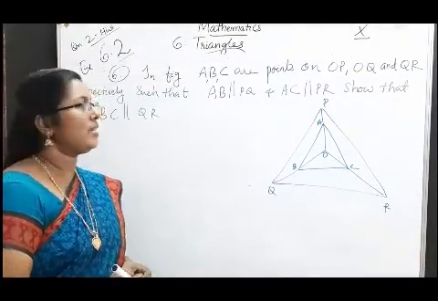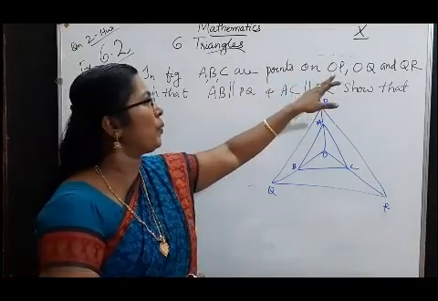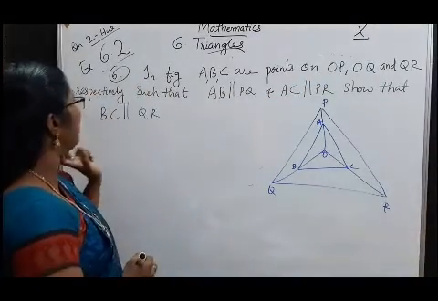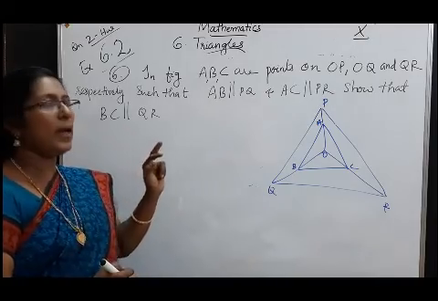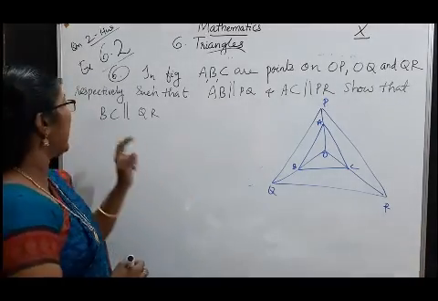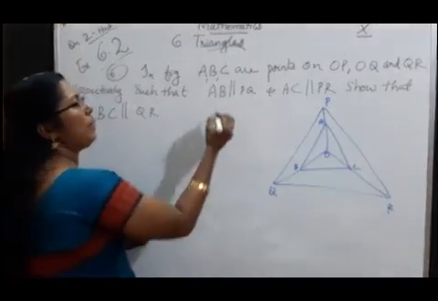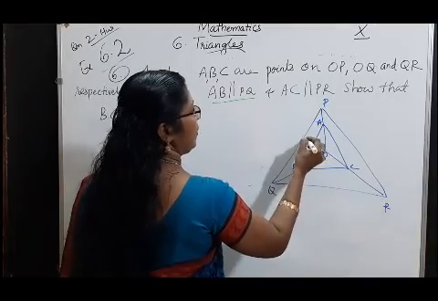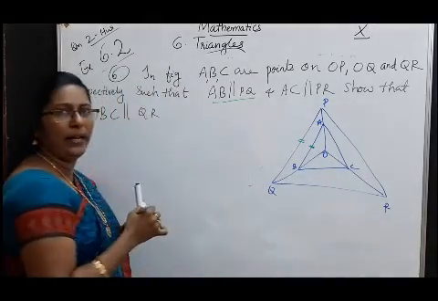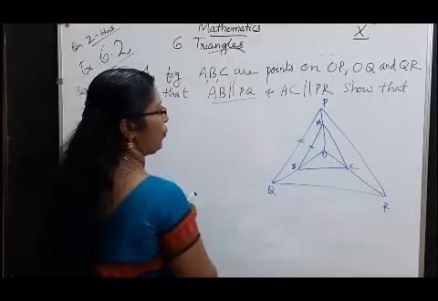Question number 6. In the figure, A, B, C are points on OP, OQ, OR respectively, such that AB is parallel to PQ and AC is parallel to PR. Show that BC is parallel to QR. Here AB and PQ are parallel, including the triangle POQ.